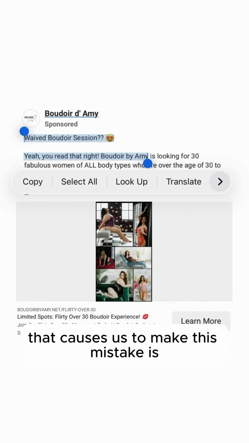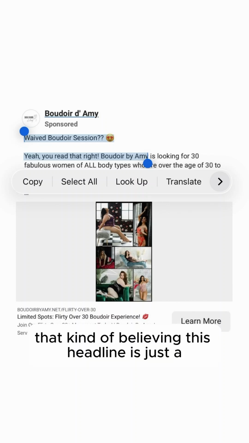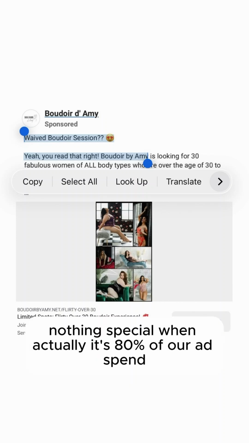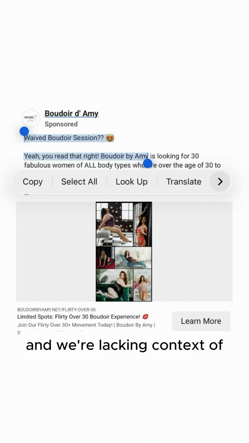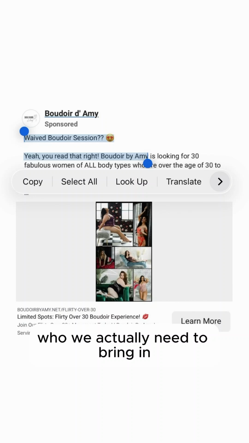And the false belief that causes us to make this mistake is that we kind of believe this headline is just nothing special, when actually it's 80% of our ad spend. So we're not really focused too much on it, and we're lacking context of who we actually need to bring in.